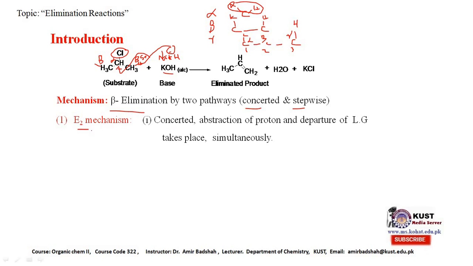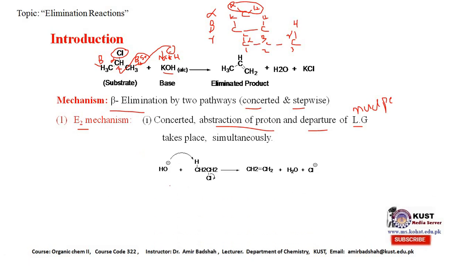In the concerted or E2 mechanism, the abstraction of the proton and the departure of the leaving group, which is also called the nucleofuge, take place simultaneously, and such a mechanism is called E2.